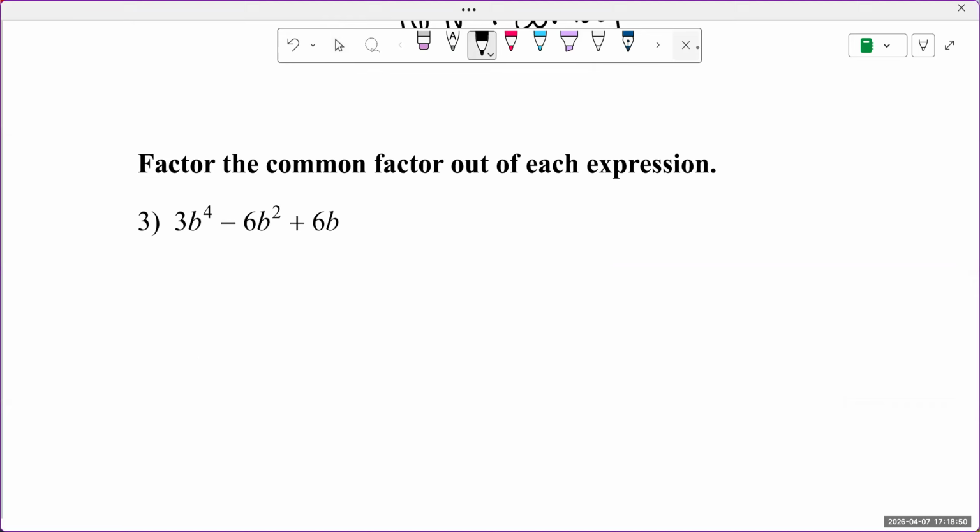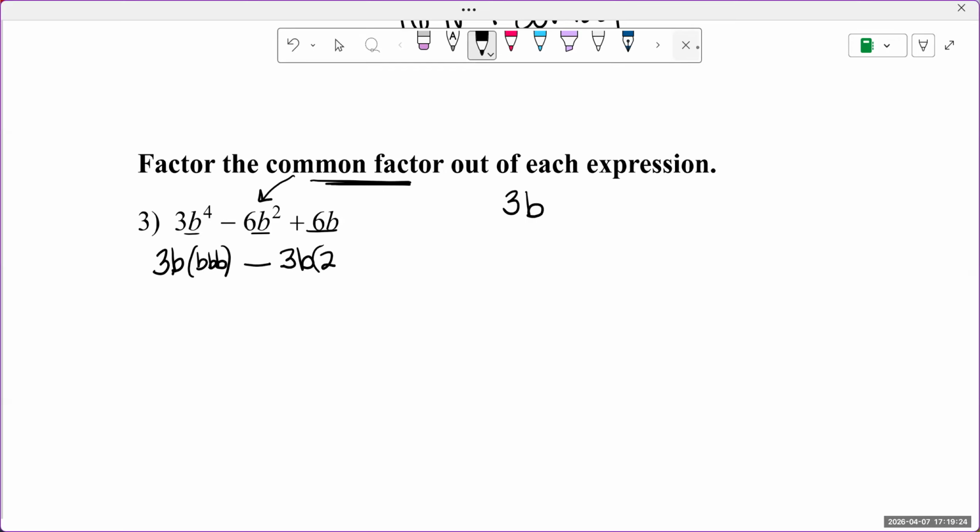Okay, number three, we're looking for the common factors. We see that everything has a b, and we see that everything has a factor of 3. Okay, so I have 3 times b. Now, b to the fourth is b times b times b times b, right? Exponent means multiplication. And then I have 3b.